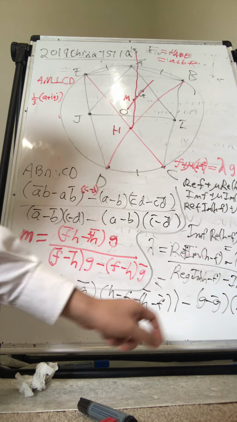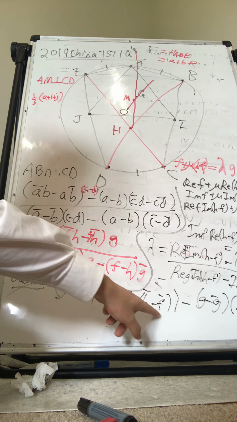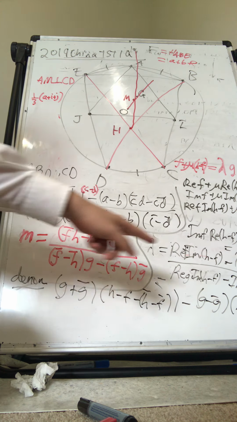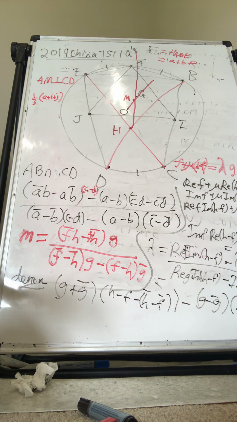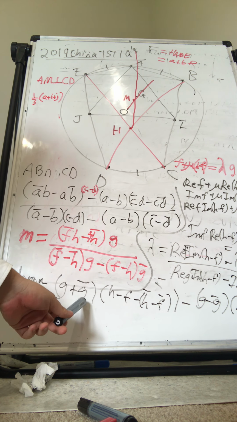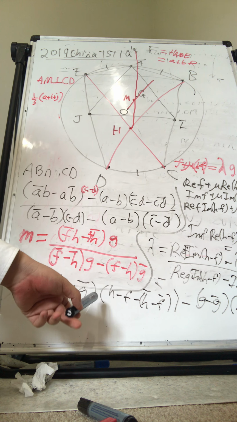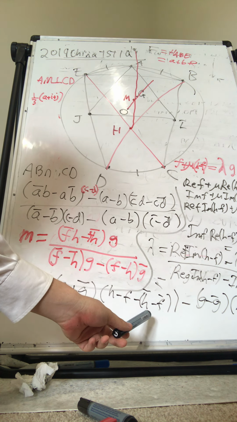Then you're left with the negative of h bar minus f bar, that's right? f bar minus h bar. So it's f bar minus h bar times 2, because there's another one there, yeah? But the 2 will cancel eventually. And then the coefficient of g bar should be f minus h, or negative f minus h.